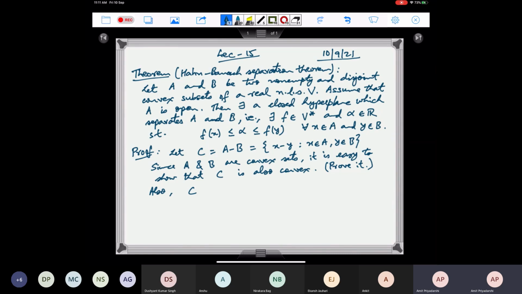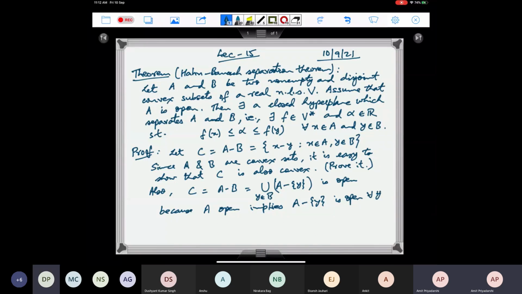Because C can be written as the union of A minus singleton y, where y belongs to B. So we can write C as a union of these sets A minus y, and because A is open, A minus singleton y is also open for all y.